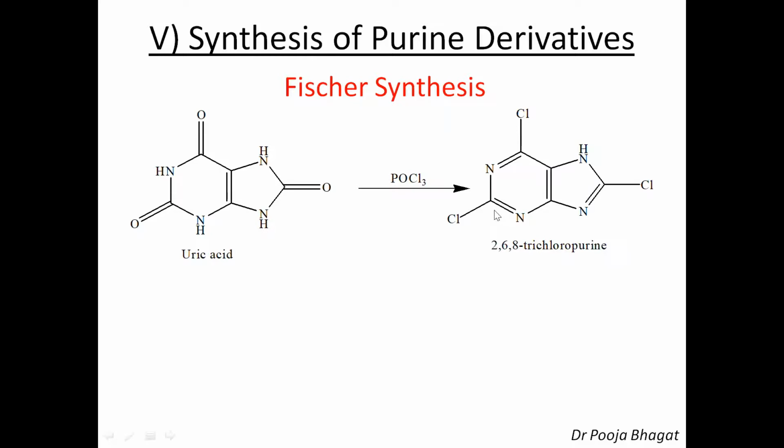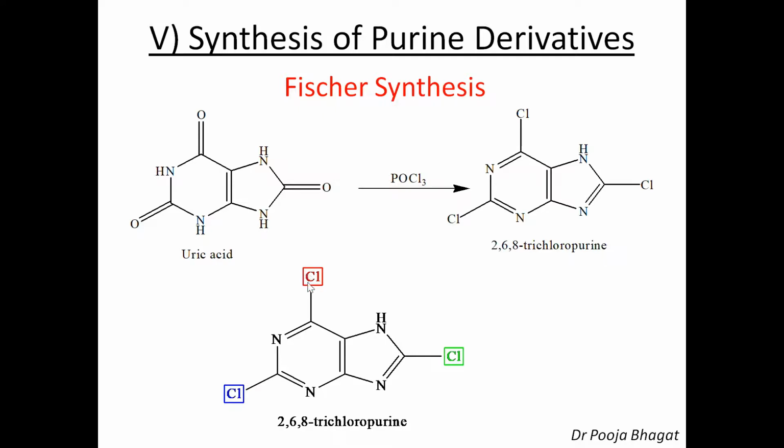As you can see, at 2nd, 6th and 8th position chloro groups are present. So it is 2,6,8-trichloropurine. Now these 3 Cl I have denoted by different colors to distinguish them. All the 3 Cl have different reactivity towards the nucleophiles.